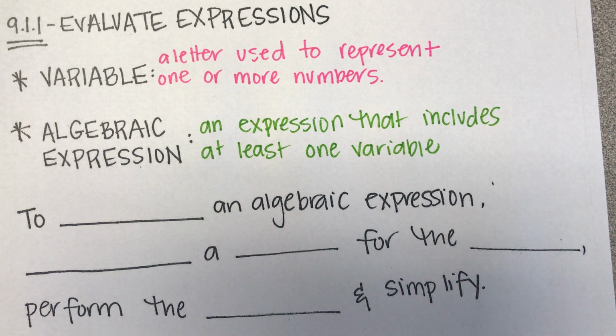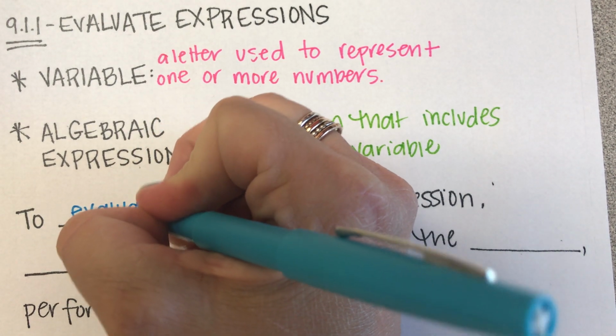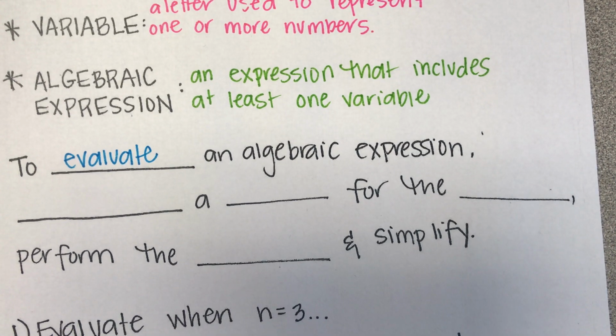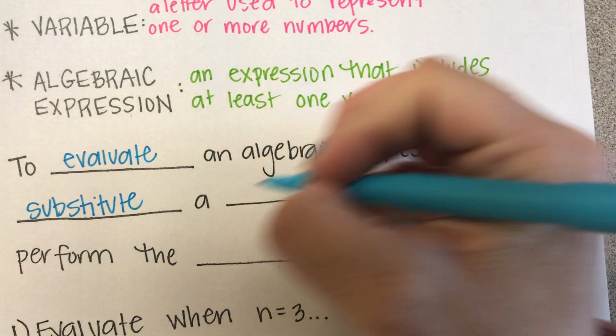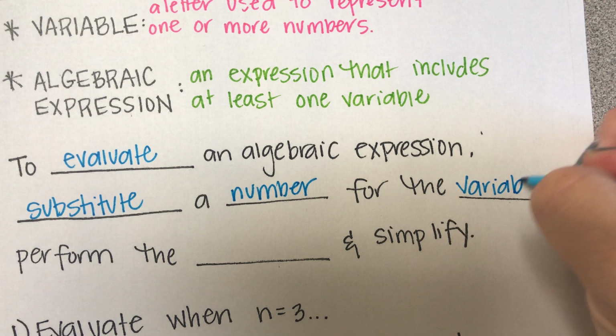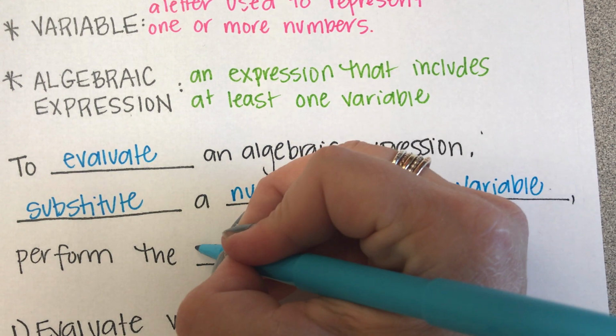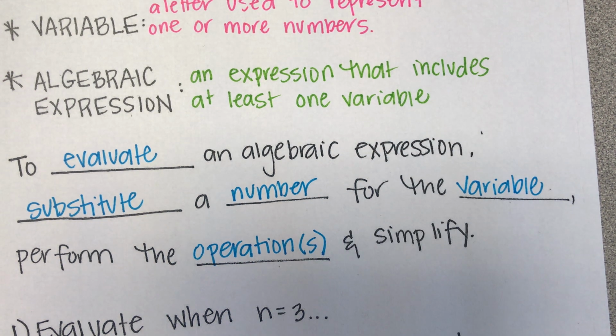In that first blank, we're going to write: to evaluate an algebraic expression, we are going to substitute a number for the variable, then perform the operations and simplify.